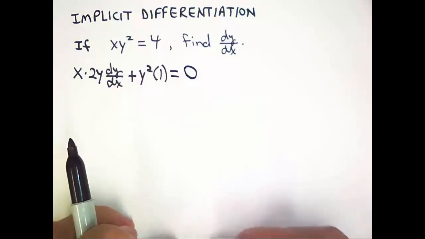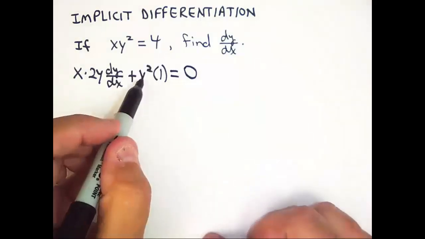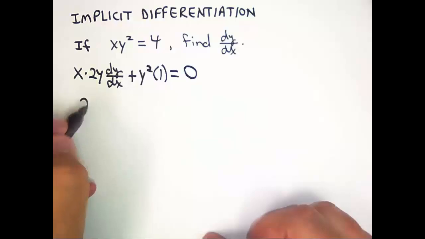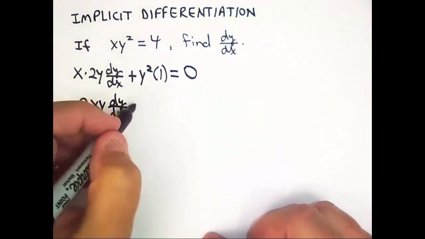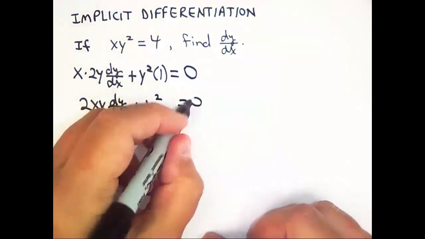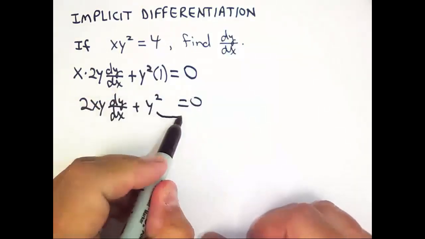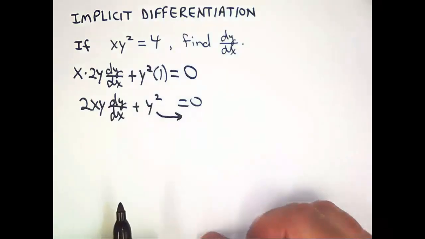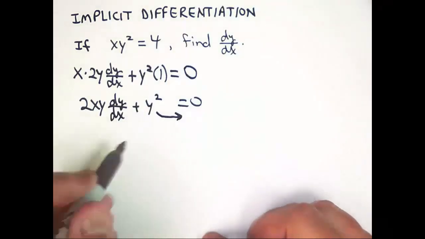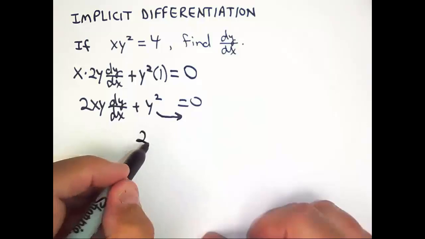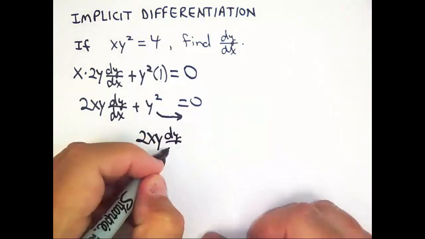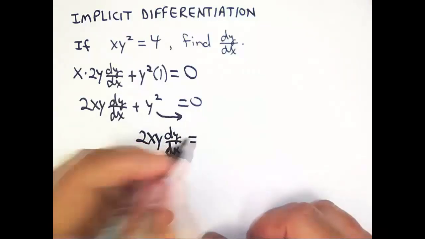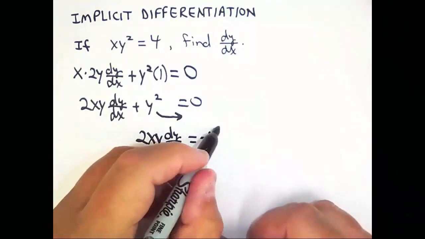Now it's a matter of just solving for dy over dx. So I get, just clean this up a little bit, 2xy times dy over dx plus y squared equal to 0. I want to slide the only term that doesn't have a dy over dx to the other side, so I'll subtract a y squared from both sides. That'll give me 2xy dy over dx is equal to negative y squared.